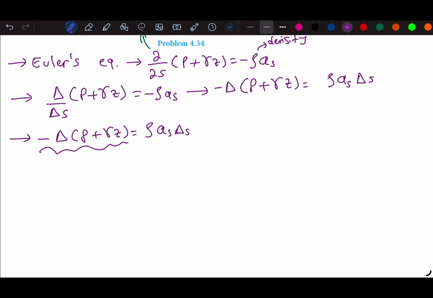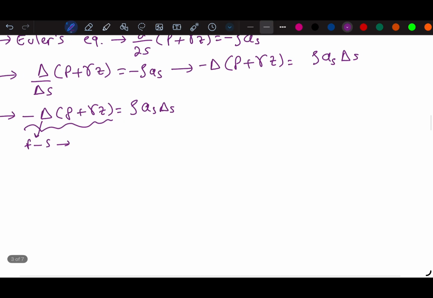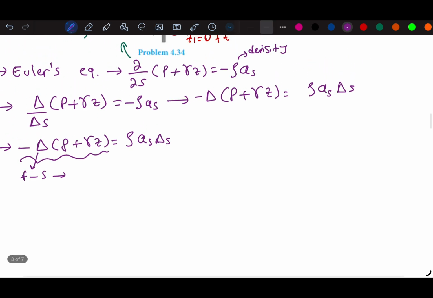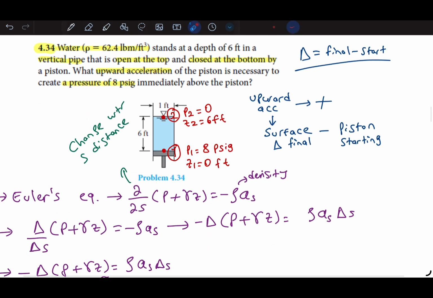So this means that change in pressure, and as I mentioned, delta is final minus starting. So in our case, it is 0.2 minus 0.1.